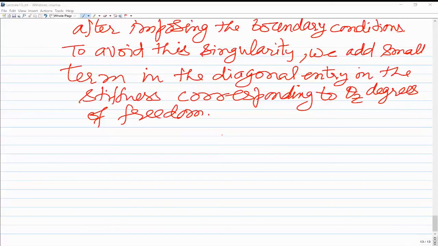Another question is, sir, is the stiffness matrix always singular, in every case? Yeah, the assembled stiffness without any boundary conditions will always be singular. If you don't apply any boundary conditions, that is, if you don't eliminate any of the rows and columns corresponding to boundary conditions, then it will always be singular.